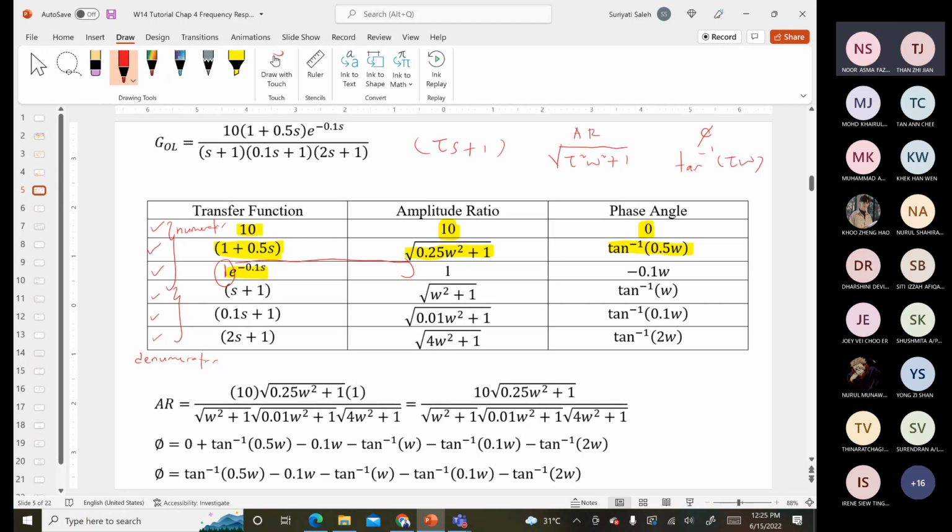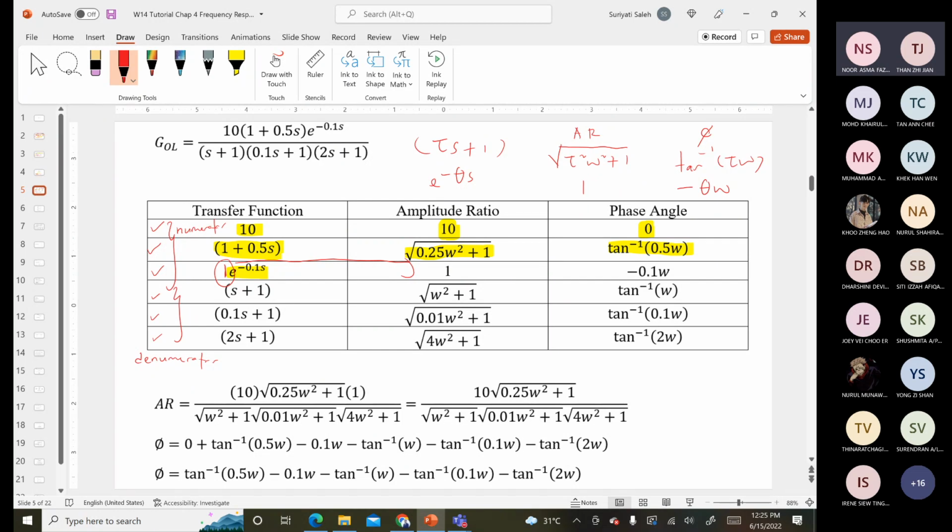And of course, for the phase angle, the transformation will be negative theta W. The theta refers to the time delay, or sometimes we call it transportation lag. So here, the default is negative 0.1 W. So that means if you have the exponent negative theta S, the amplitude ratio automatically becomes 1, and the phase angle is negative theta W. So that is the standard form.